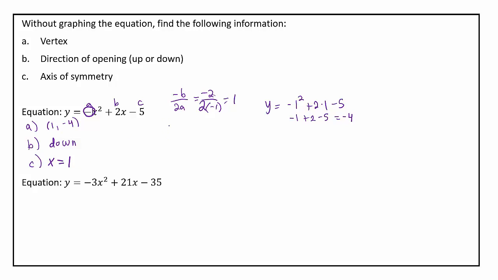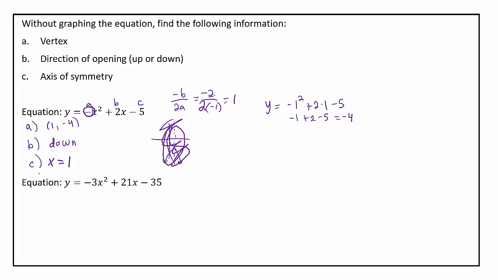So if I graphed this, I could actually do an okay job of sketching this by just saying it starts at 1, negative 4, which is down here-ish. It opens down. And my axis of symmetry is this vertical line that's going through 1 on my vertex. So that's how that works. We didn't need to graph it though. That's just visually what we were being asked.